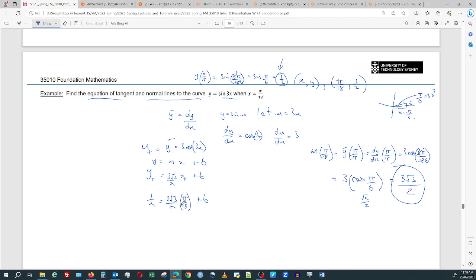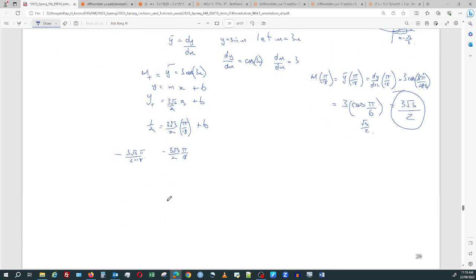All right, so let's see what we can do here. I want to get all of this stuff over here. So we've got a minus 3 root 3 over 2 pi 18. What you do to one side, do to the other. Okay. So we've got a total of a half minus 3 root 3 pi and 2/18 of 36 equals b.